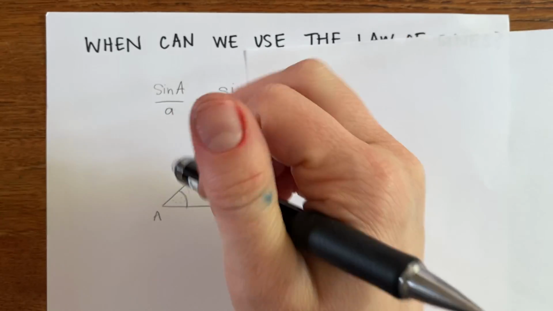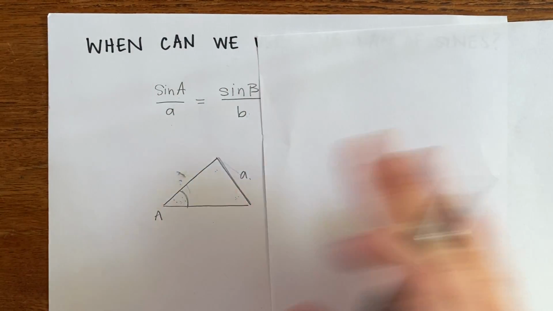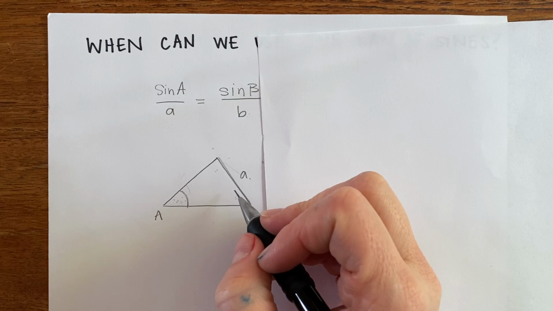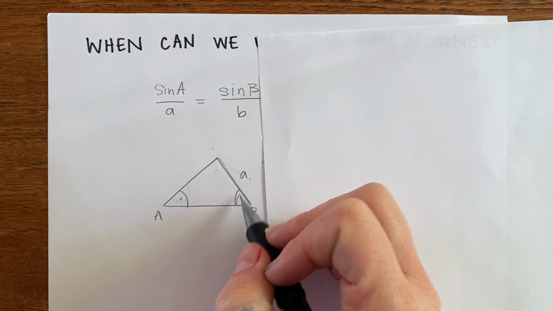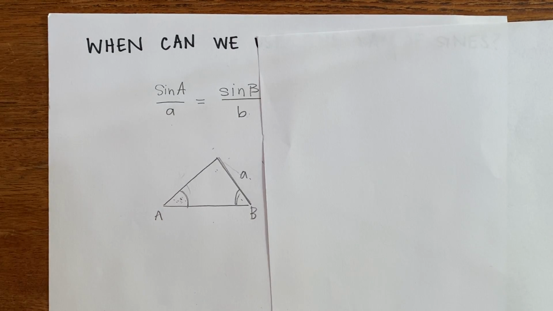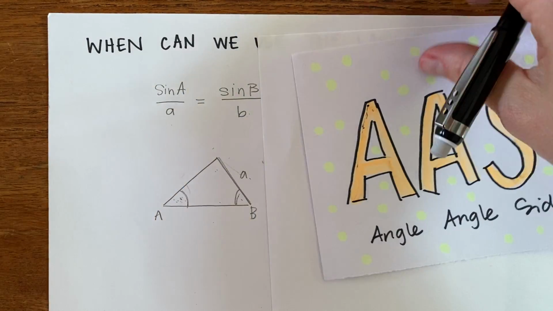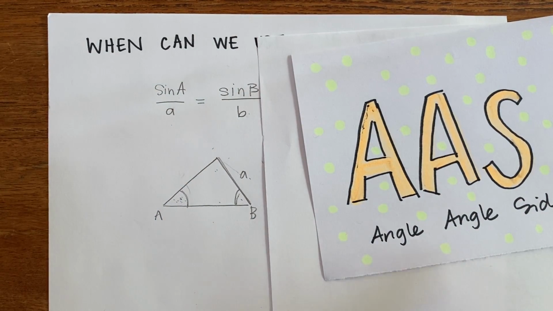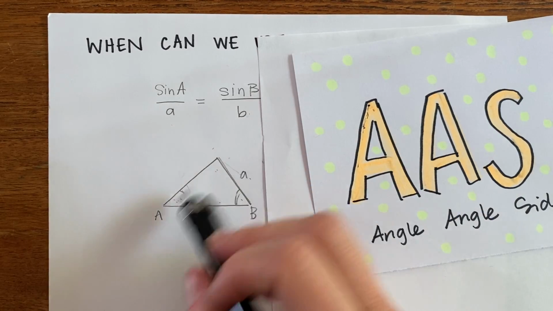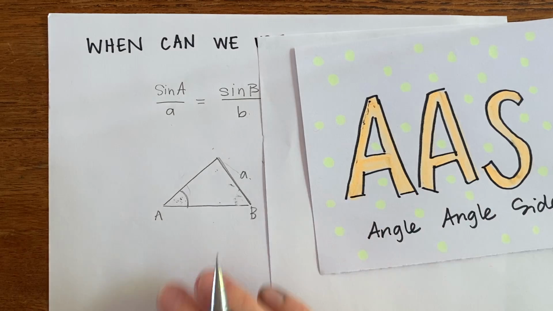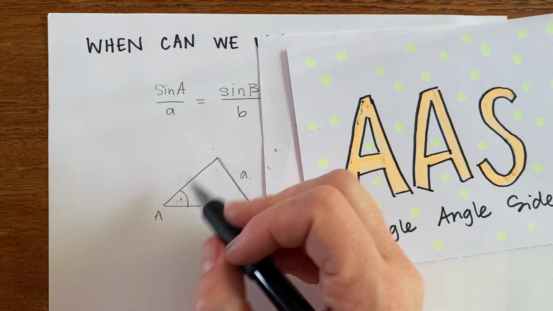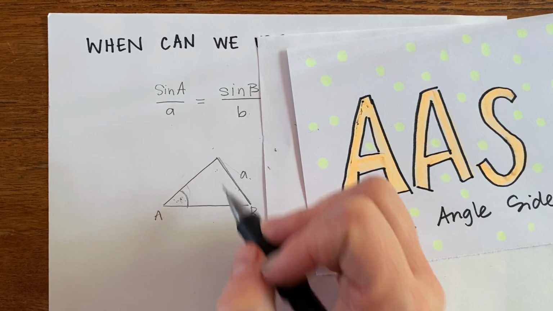But what if we had, let's say, an angle, another angle, and a side? So what if we had angle, angle, side? Now, angle, angle, side is a congruency postulate, so that would work. We could say, well, there's only going to be one triangle with that given information.